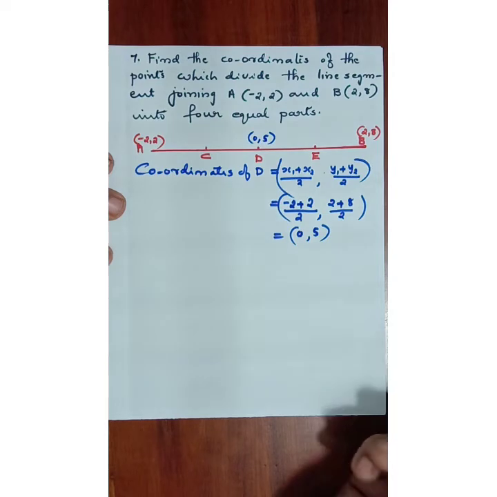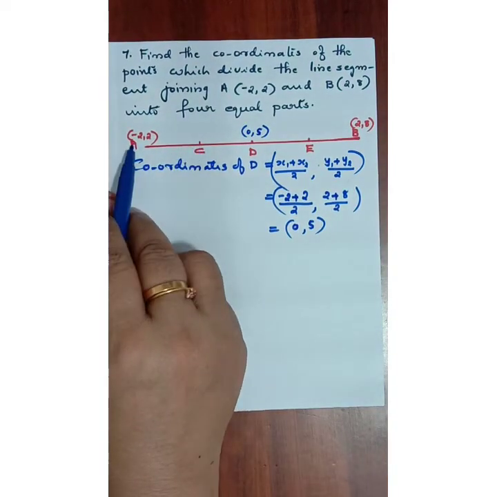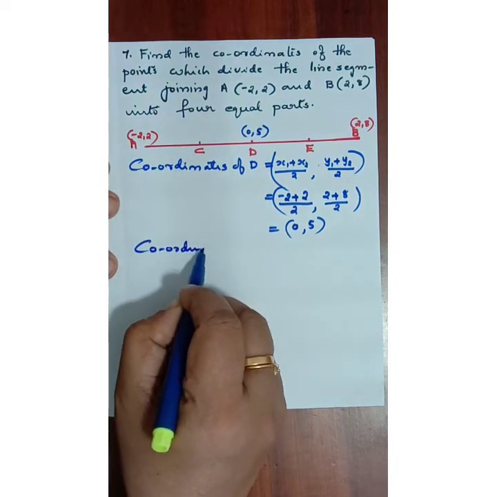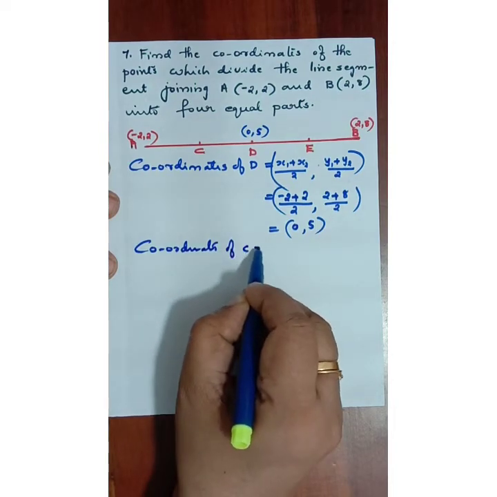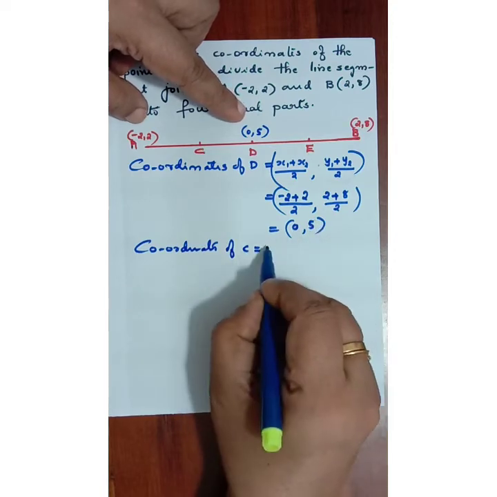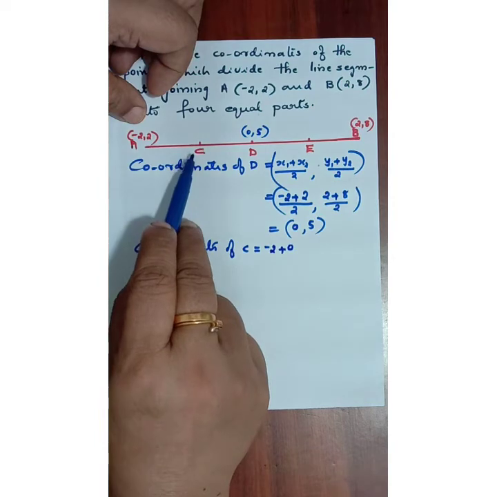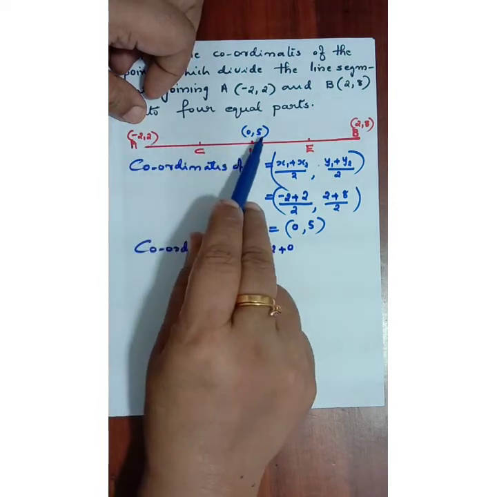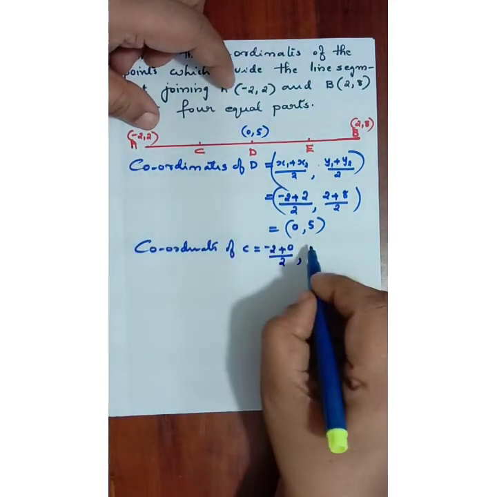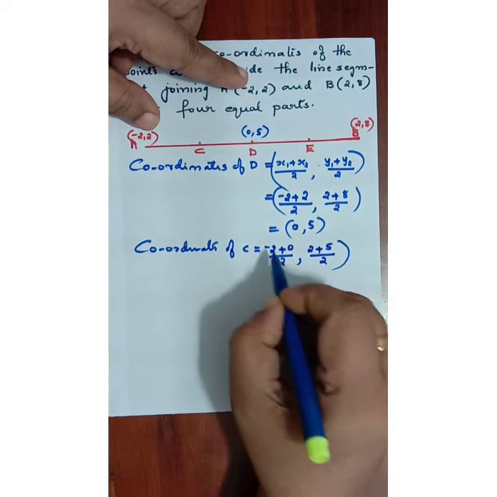Now from the figure it is very simple. What is the point C? Coordinates of C, we will be getting it as the midpoint of AD. So coordinates of C we will write, that is x1. Now again we don't want to write the formula. x1 plus x2, this is AD's midpoint. Therefore x1, y1, x2, y2. Negative 2 plus 0 by 2, y1 is 2 plus y2 5 divided by 2.